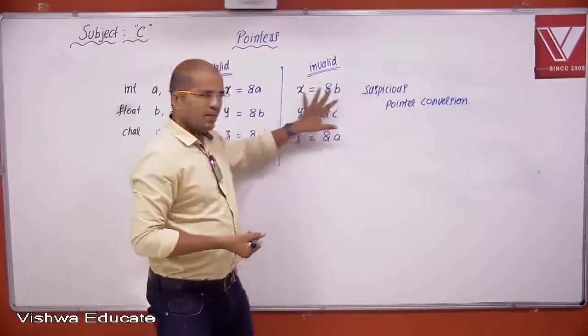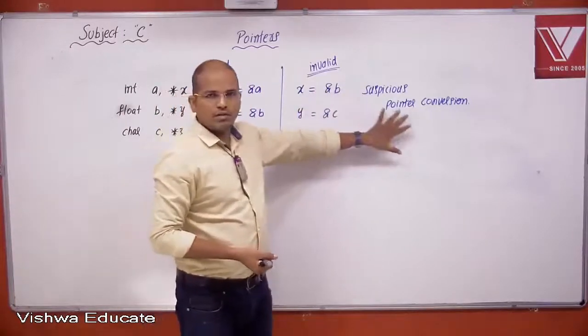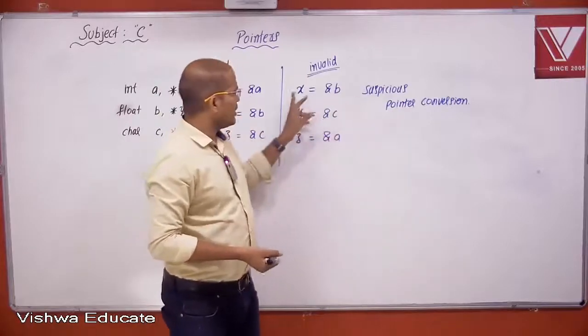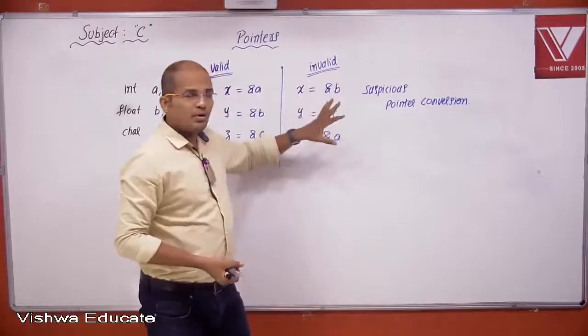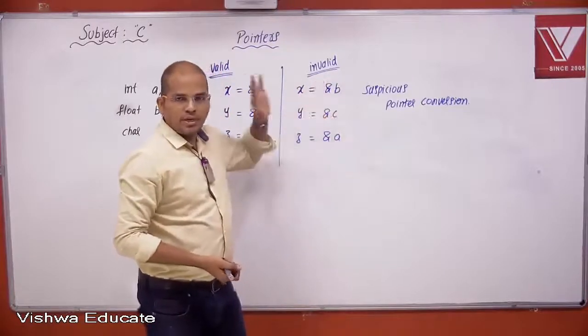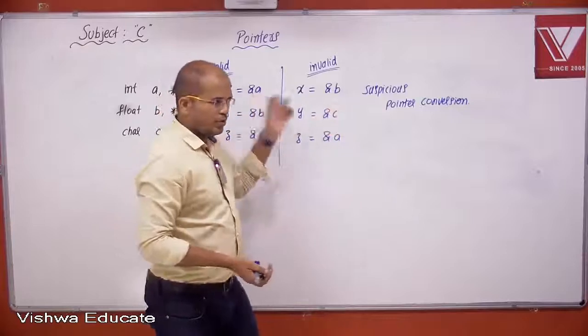A few compilers generate an error, a few generate a warning. The latest compilers generate a warning with this, saying x is address of b. This is called a warning because you are trying to store an address, but the address is not of the same type. So please copy it down.